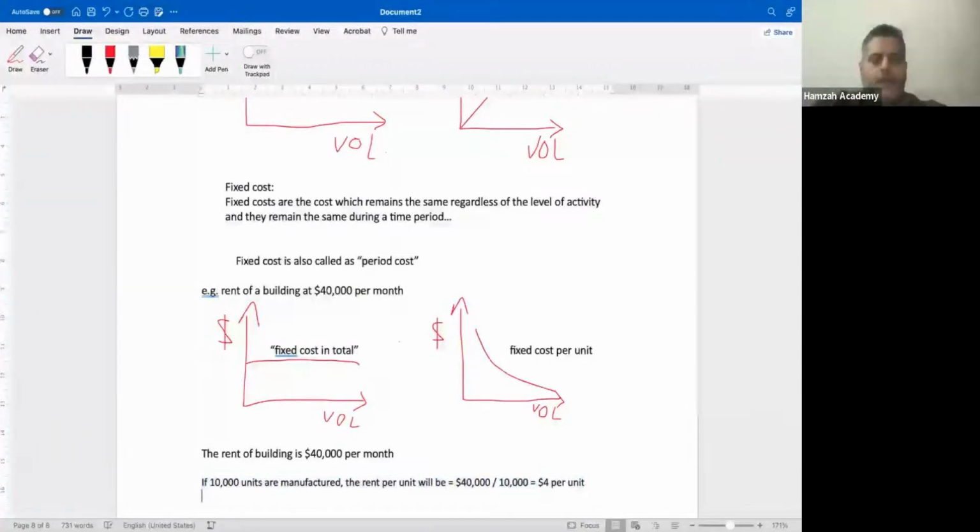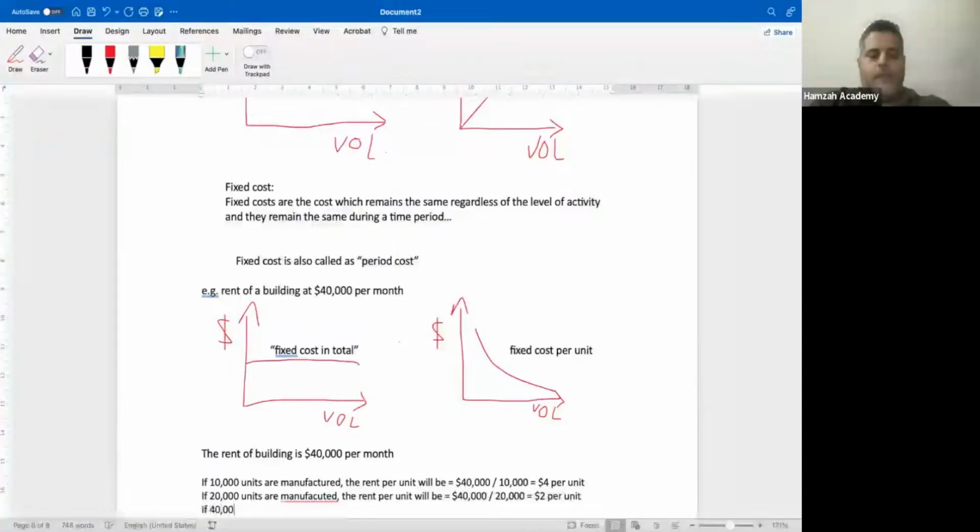Similarly, if 20,000 units are manufactured, the rent per unit will be 40,000 by 20,000, that is $2 per unit.